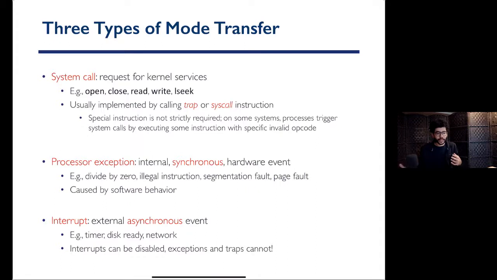Some external event happened, and hardware immediately interrupts the running program, transitions the mode to kernel, and tells the kernel that this event has happened, like the timer went off, or a packet came, or the IO file that you wanted me to bring to memory is ready. So I have the file for you. The bytes are ready, sitting in the memory. So these are external events. These are interrupts.